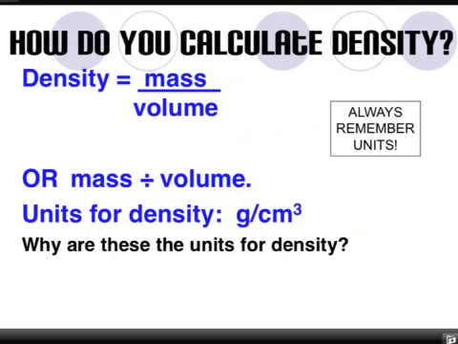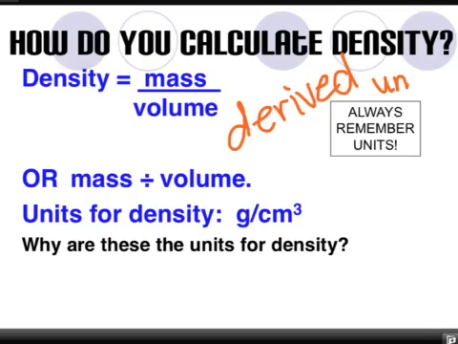So the more crammed together the particles are, the more dense it is, and the heavier it is for its size. Now, as we talk about density, there is some math involved because density is not something you can measure directly. It's called a derived unit. That simply means you have to calculate it. It's not something you can measure like mass or volume. But you do have to know mass and volume to calculate density.